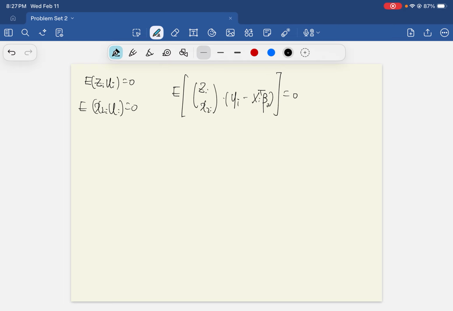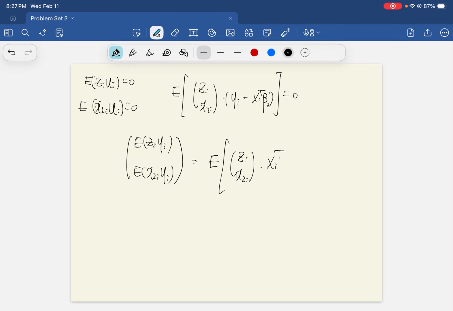This is in linear form because we can write it as the expectation of (z_i, x2i) y_i equals the expectation of (z_i, x2i) times x_i transpose, where x_i is (x1, x2), times beta.